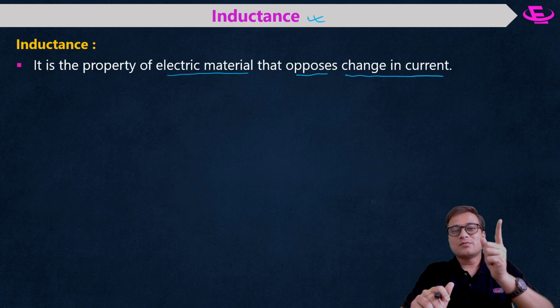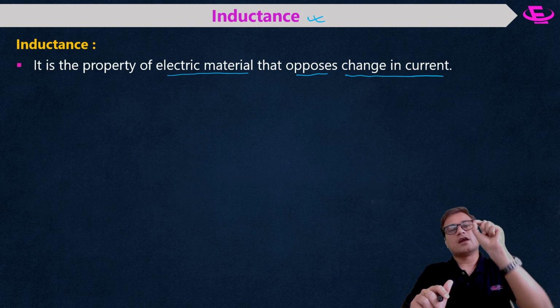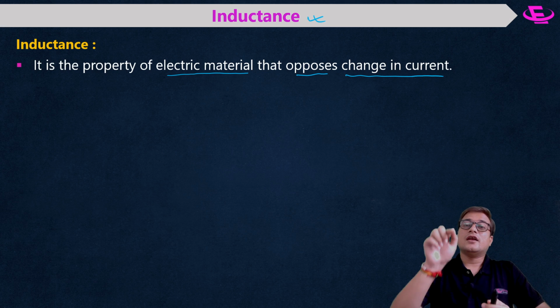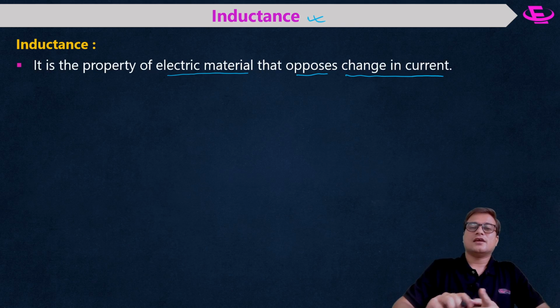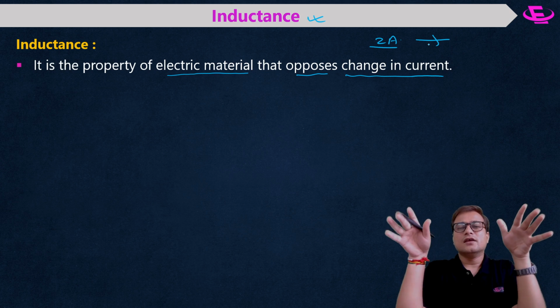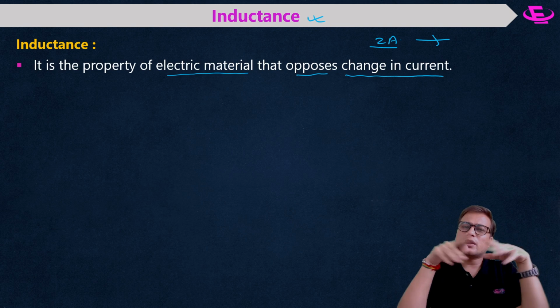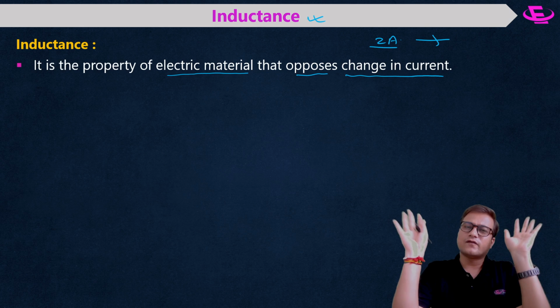What is the difference between resistance and inductance? Resistance opposes current, and inductance opposes change in current. Suppose 2 ampere of current is flowing through the material. Then inductance doesn't have any problem; it says okay, 2 ampere current is flowing, let it flow.